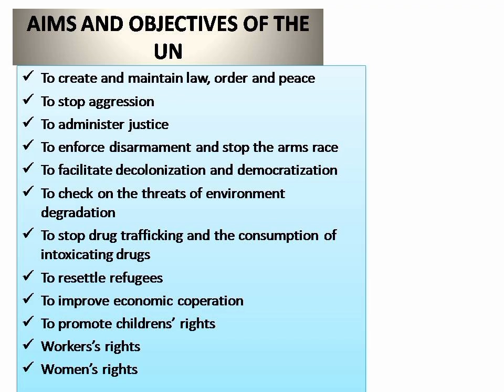Another key reason was to stop drug trafficking and the consumption of intoxicating drugs. The UN was also concerned with the problem of drug trafficking and the consumption of intoxicating drugs.